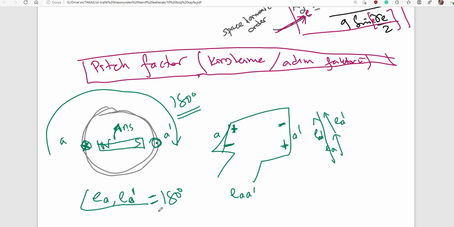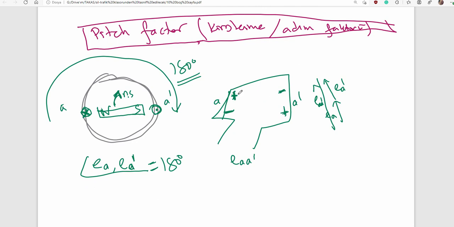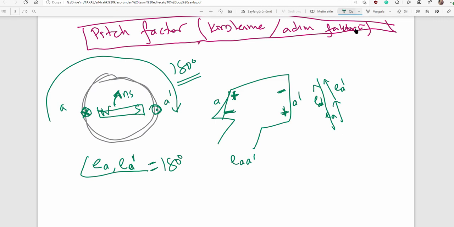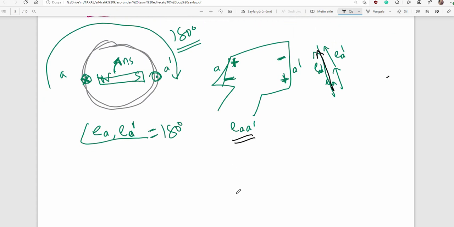There is an electrical displacement between those two sides. So they are just reversed, as you see here. So induced total EMF will be this.